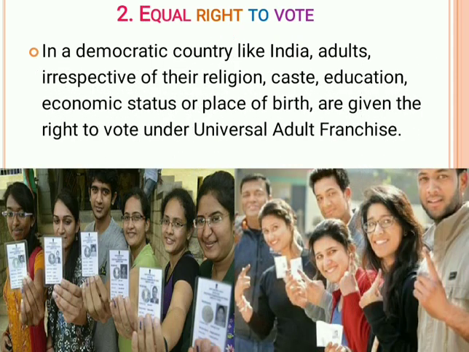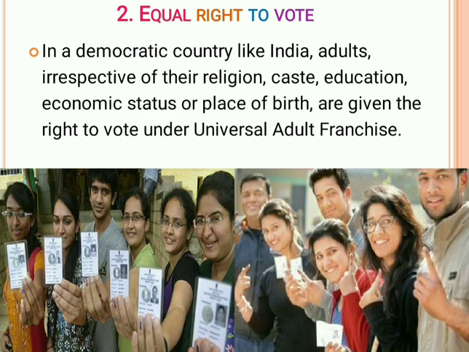Next, equal right to vote. This is one of the best examples for equality. In a democratic country like India, adults, irrespective of their religion, caste, education, economic status, or place of birth, are given the right to vote under universal adult franchise. The universal adult franchise is the best example for political equality, which is guaranteed by the Indian Constitution to its citizens.